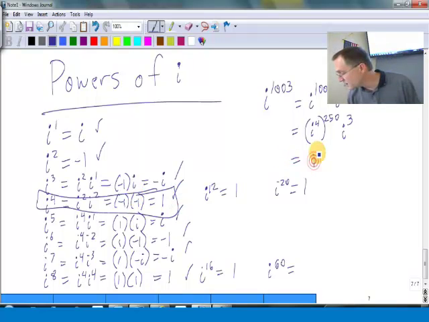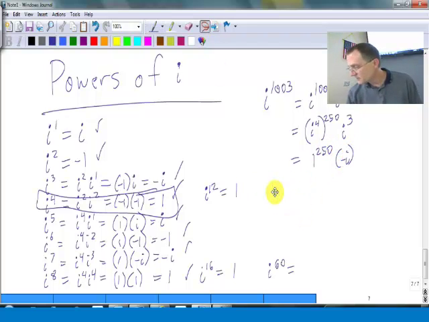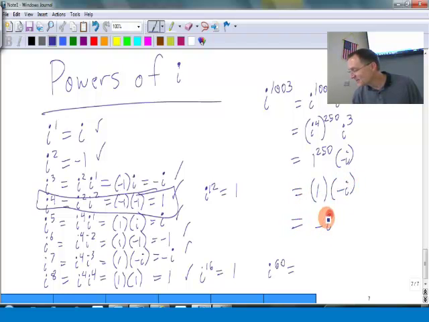So that's 1 to the 250th power times negative i. What's 1 to the 250th power? It's 1. So that's 1 times negative i, so that's negative i.